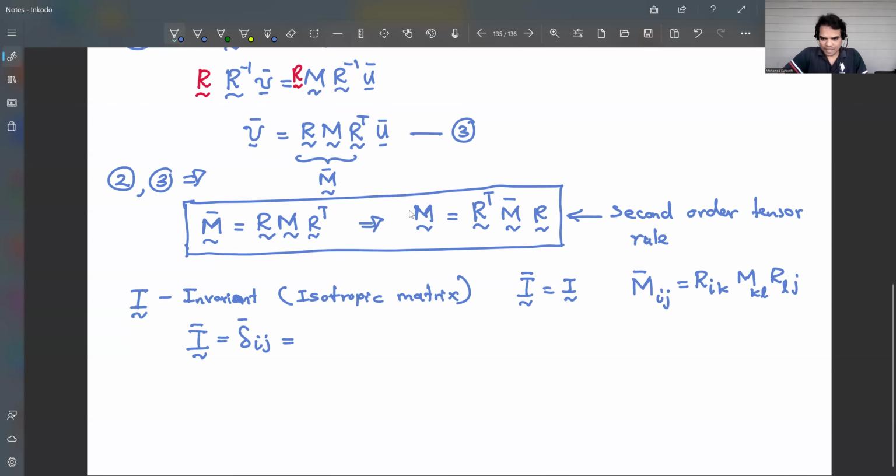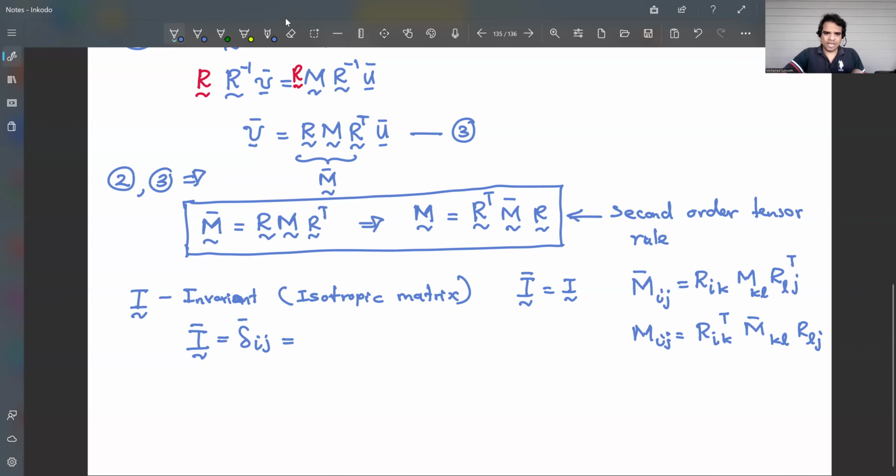For example, if you want to write the second case, Mij, it is R I K. Here there is a transpose, right? We must put this transpose here. So here R I K transpose, M bar K L, R L J, right?